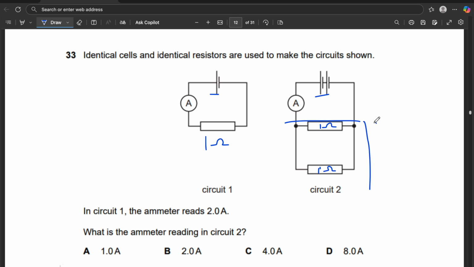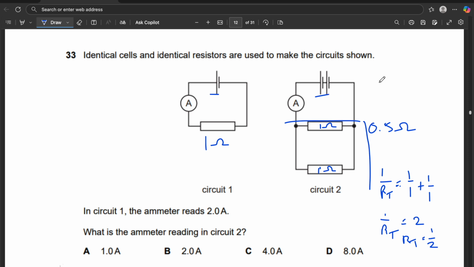It will have a resistance of 0.5 ohm. So basically, 1 by R total is equal to 1 by 1 plus 1 by 1. So 1 by RT is equal to 2. So RT will be 1 by 2. So resistance will decrease by half.